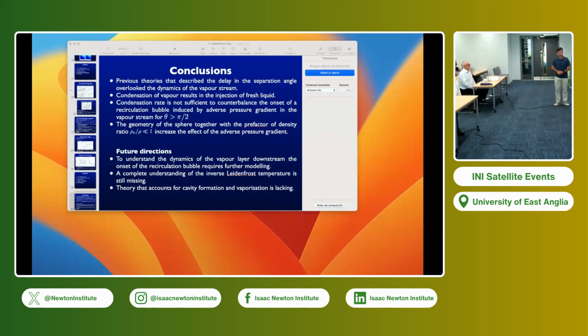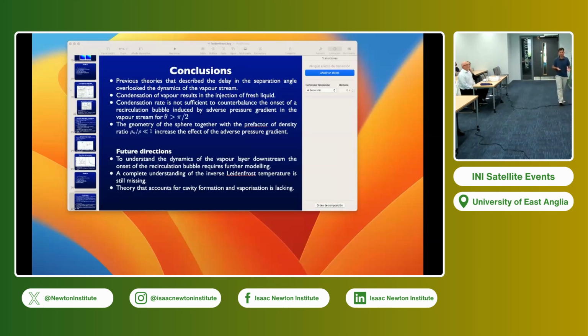So, boundary layer approximation is a good theory, a good initial attempt to describe the dynamics of the vapor, but we still require other theoretical tools to describe what happens downstream after the formation of the recirculation bubble.